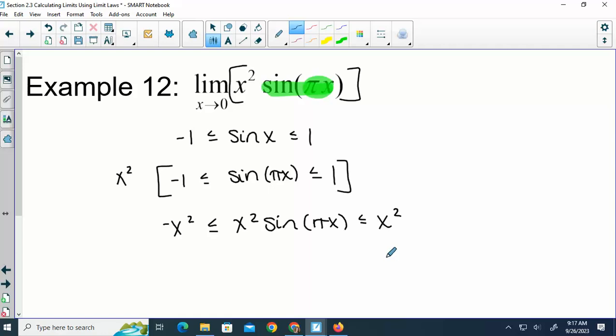Alright, now what do I need? The limit. We're trying to make it look like the other one. The thing we're missing is the limit. So we're going to add a limit to all three pieces.